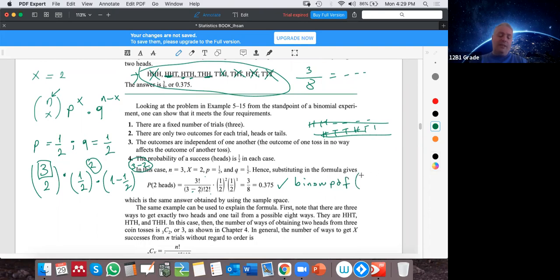Here you write the number of trials, which is 3, and here the success rate, which in our question is 1/2, and then how many times you want to see this success, 2 times. When you enter, the result comes out.